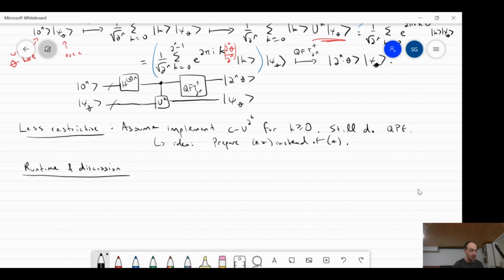The 2 major issues are, well, one, what if theta cannot be written with n bits? What if theta is pi over 10 or something like this. So it's just not even rational, right?